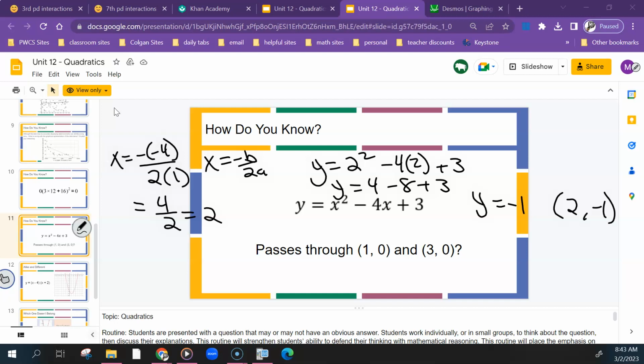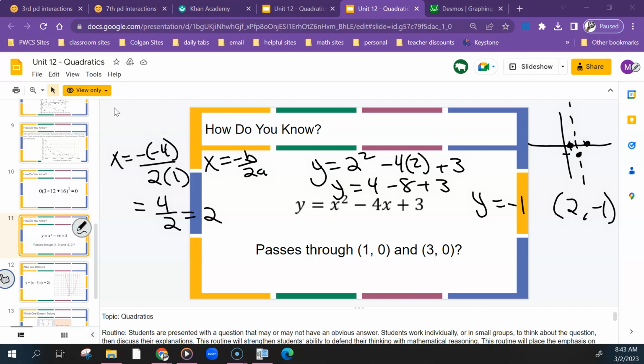So if we were to draw like a rough sketch, we know we have this point. And it should go through 1, 0, and 3, 0.